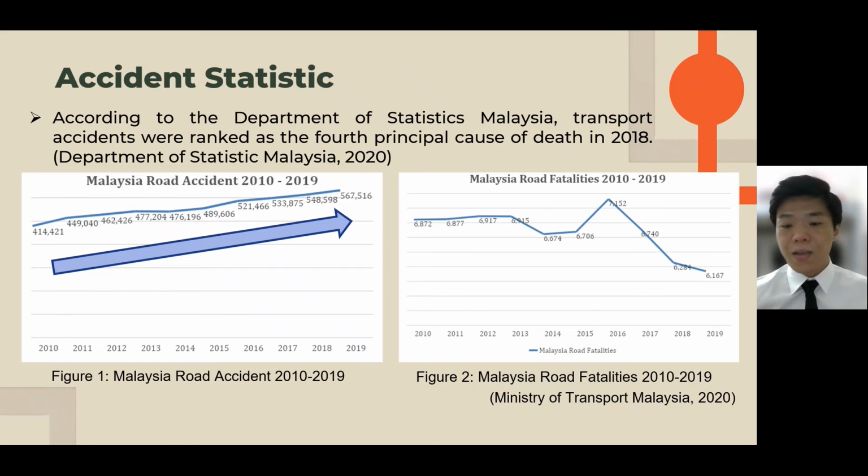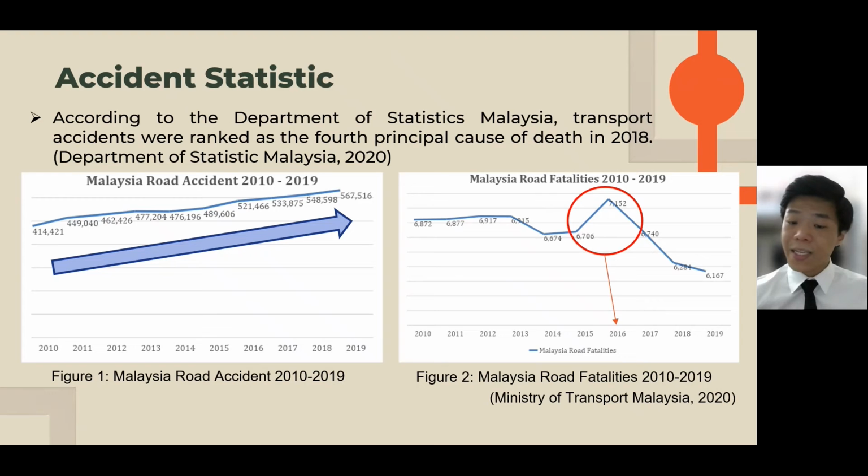So for the first 4 years, the number is constant, and there's a slightly drop in 2014, and there's a sharp increment in 2016, which is the highest fatalities, 7,152 cases, and the numbers starts to drop after 2016.